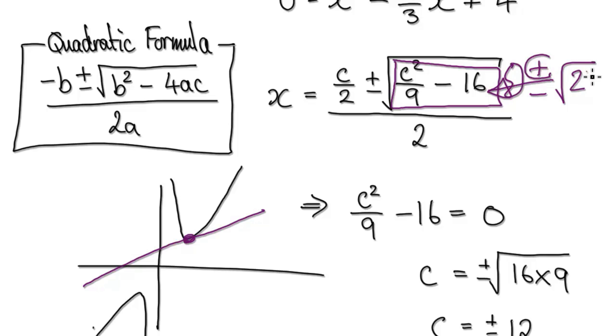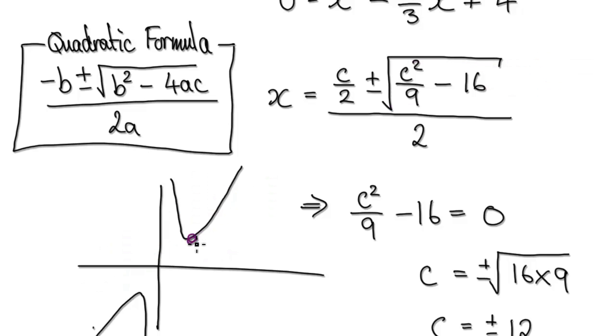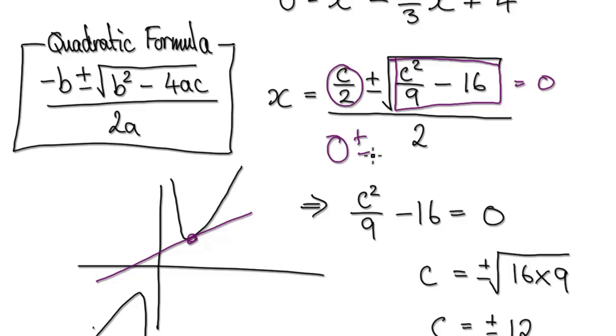You're going to have two solutions, which means you're going to be in this scenario here where there are two intersections. You don't want two intersections. You only want one intersection. So you need to demand that this equals 0, because later on you're going to have something plus minus square root of 0. Well, plus 0 and then minus 0, it's going to give you one solution.